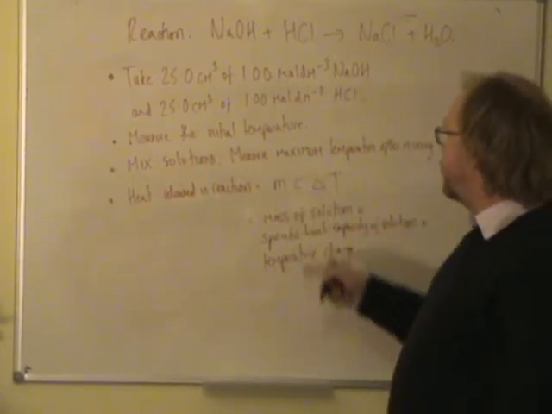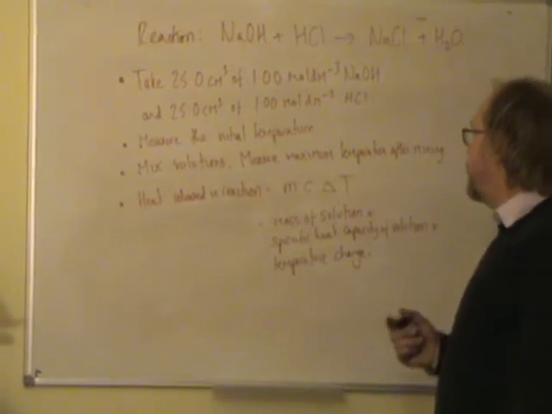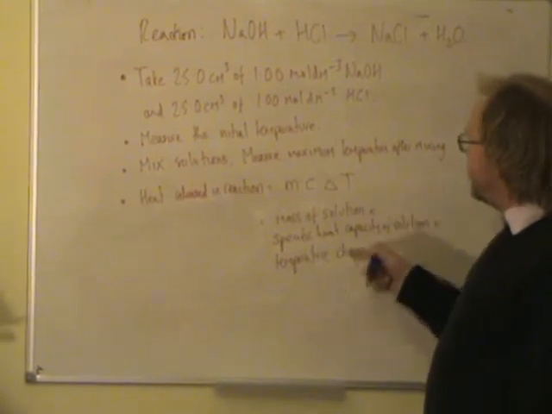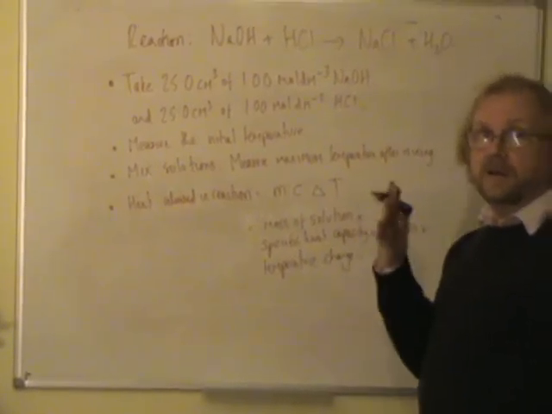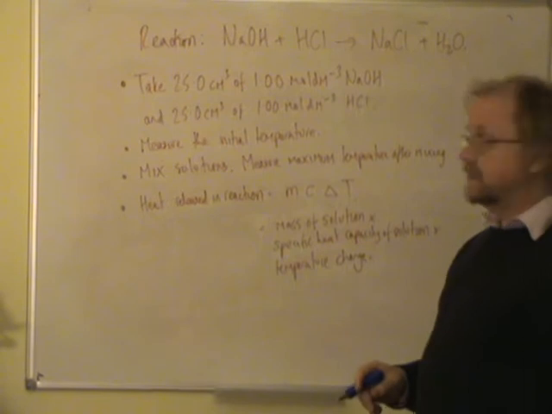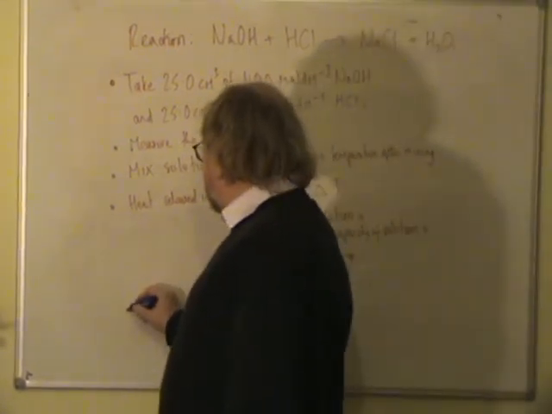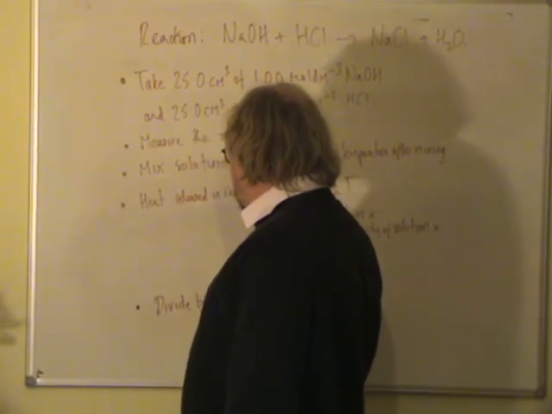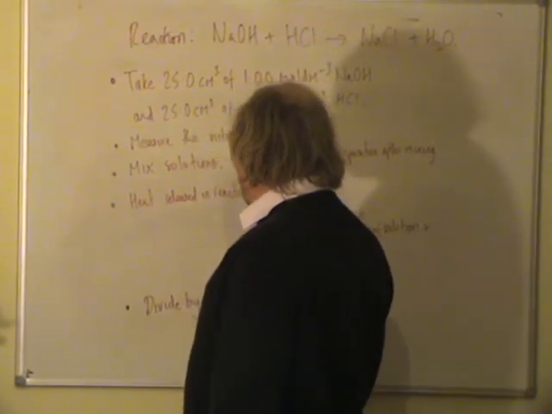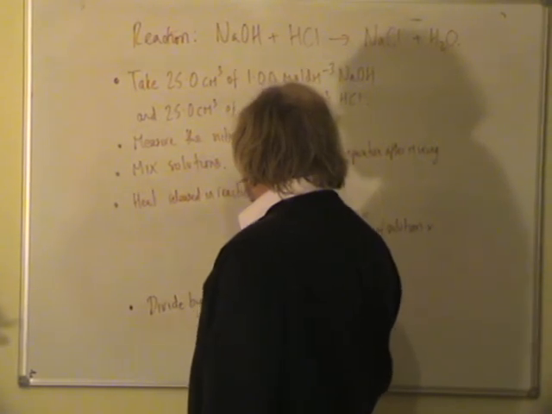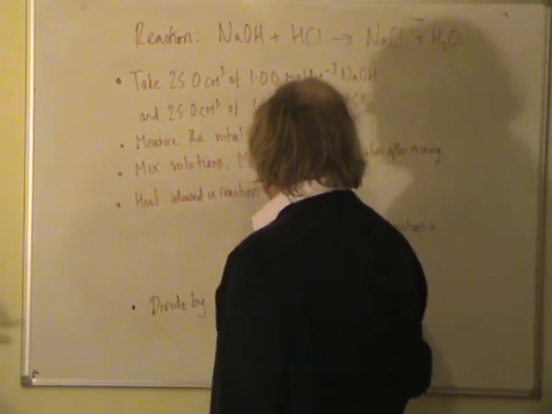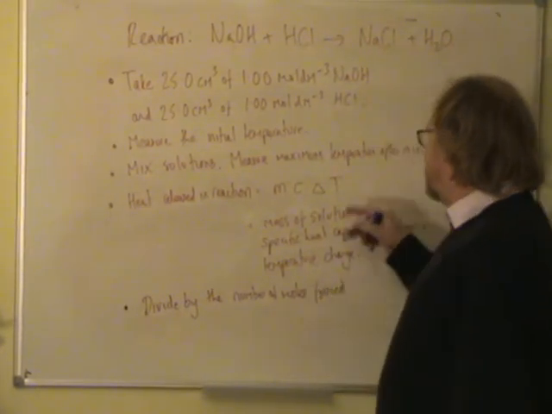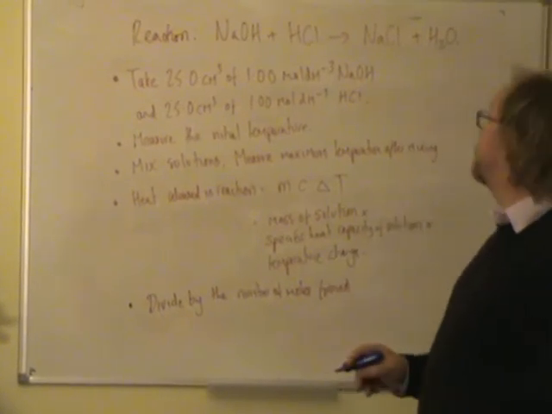Okay, so we're going to calculate that, and then remember we've got to change that heat released into heat released per mole of water formed. So the next step is that we've got to divide by the number of moles of water actually formed in the reaction, because we want the heat released per mole.